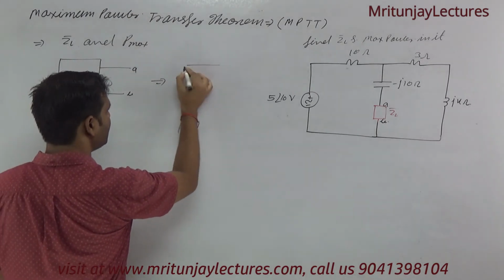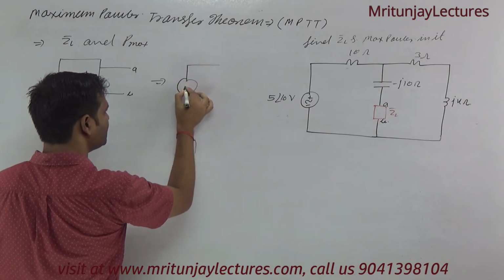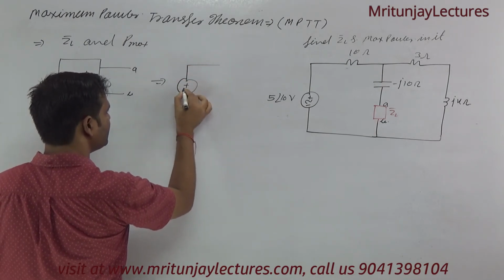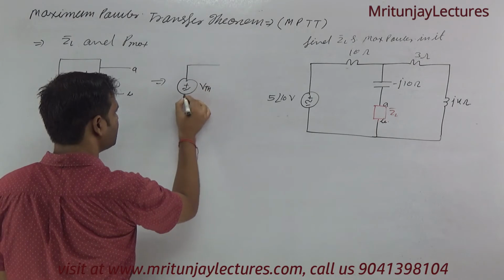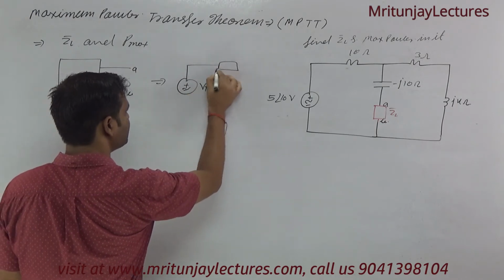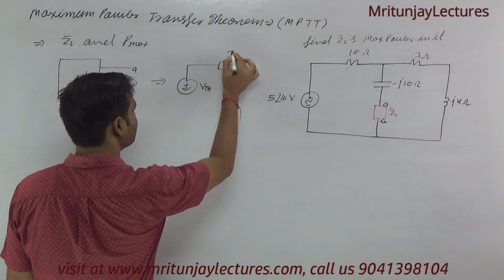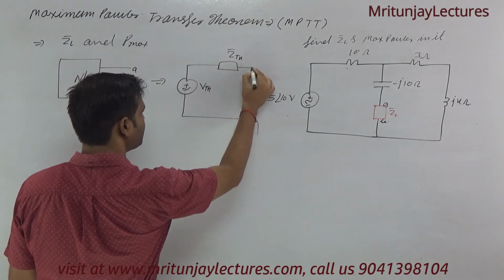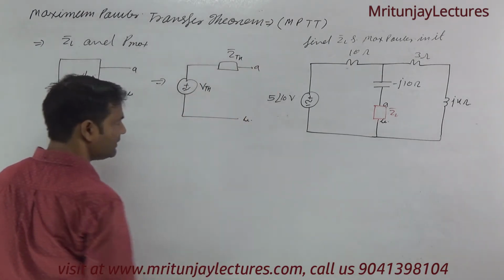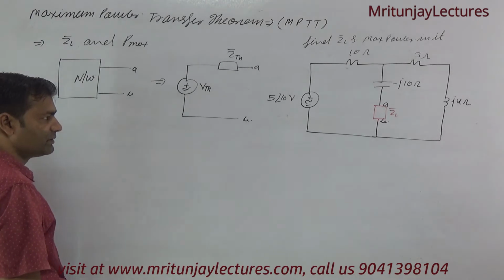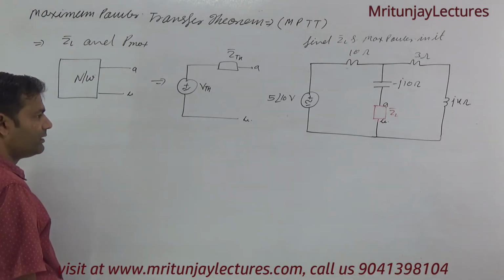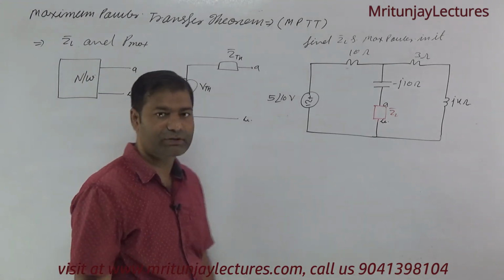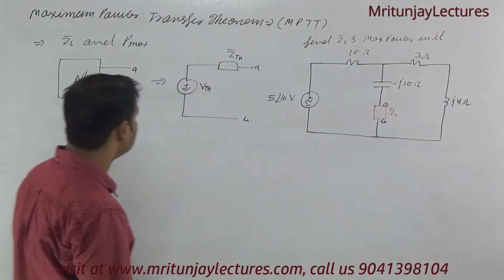Then you represent it like VTH in series with impedance ZTH, corresponding to AB. First of all, this whole equipment is represented like this. Now, first, how can we determine VTH and after that ZTH?